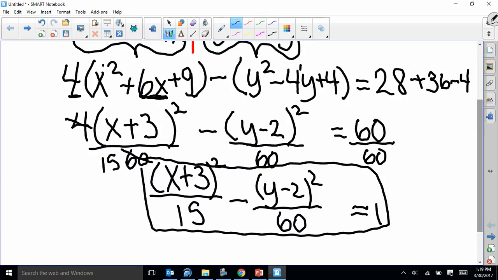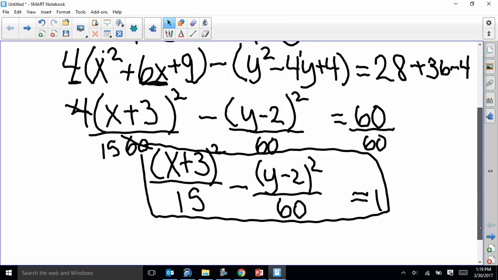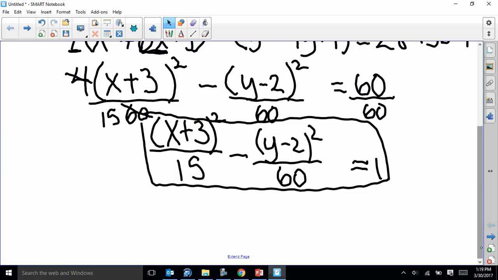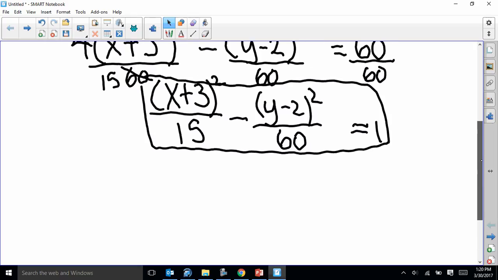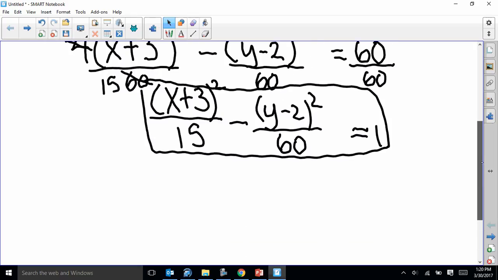So from this one, we can find our center. So where's the center for this hyperbola? Yep.